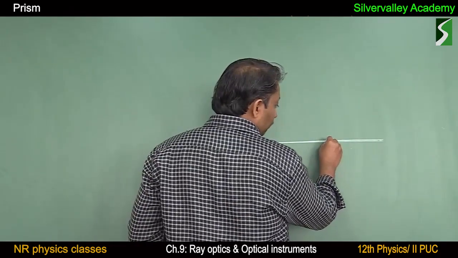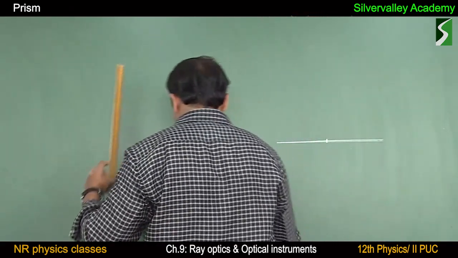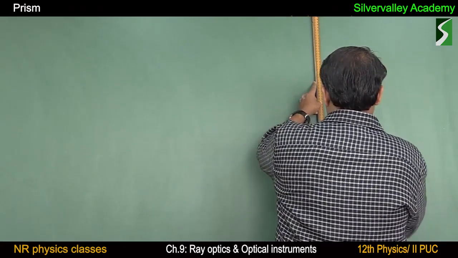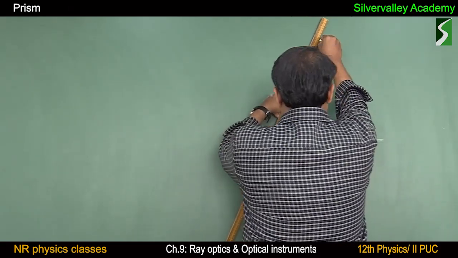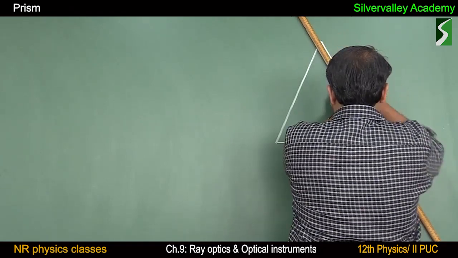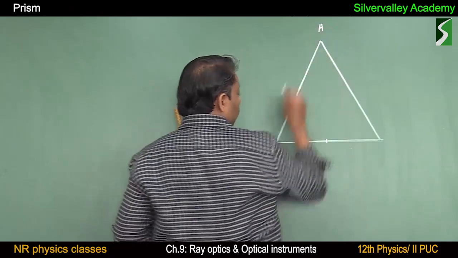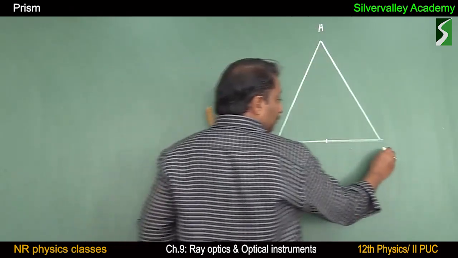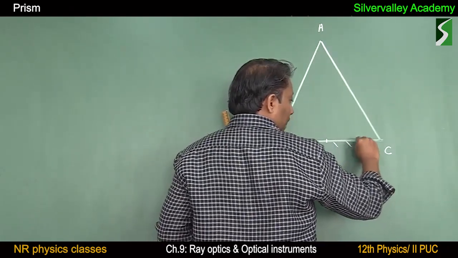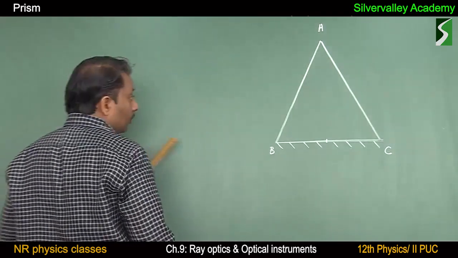Base of the prism, refracting phases. AB is a refracting phase, AC is another refracting phase, BC is the base.